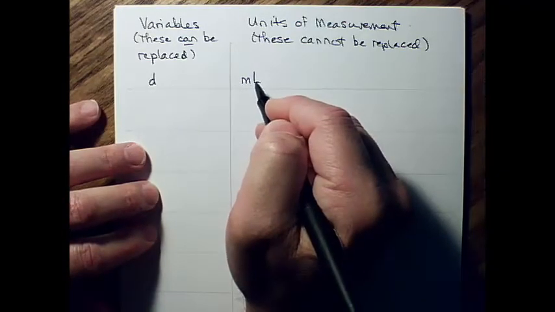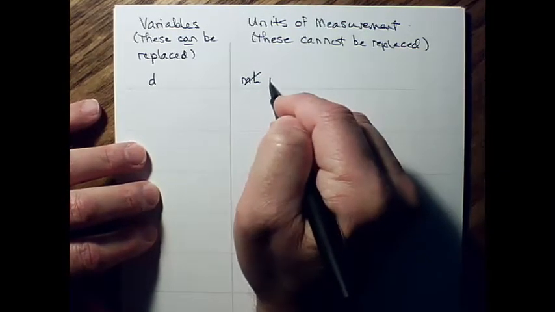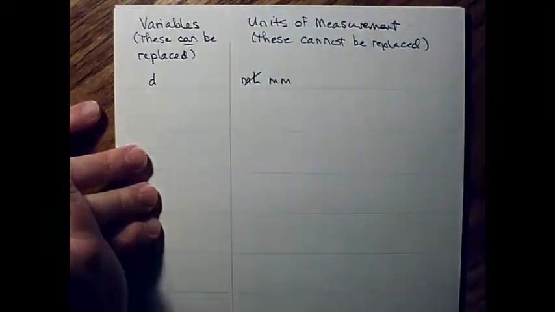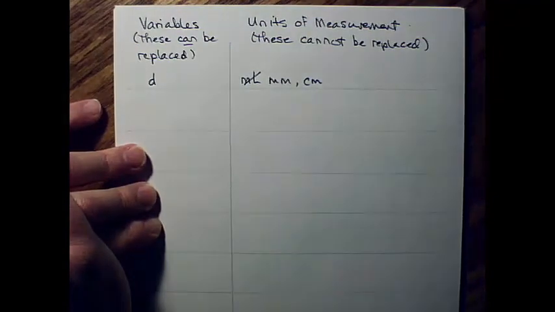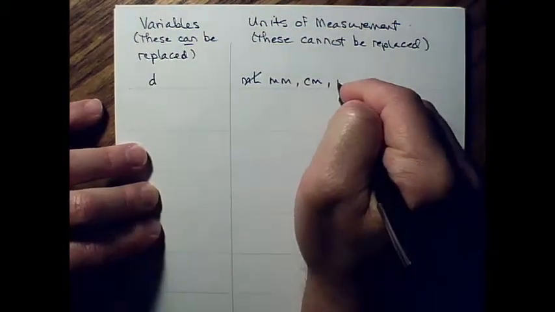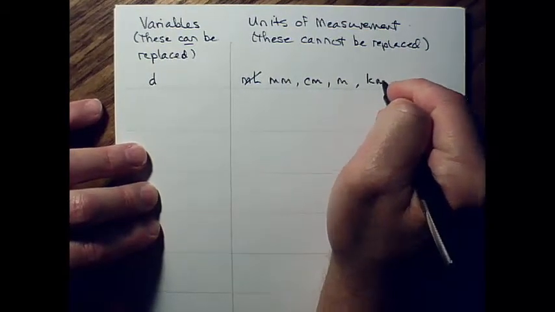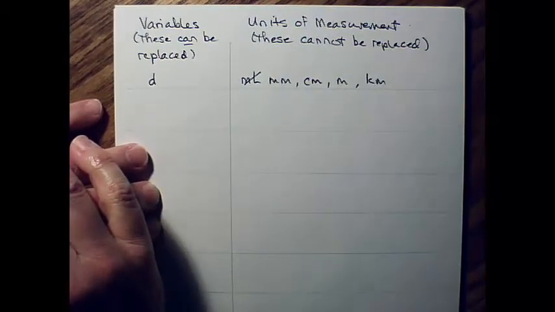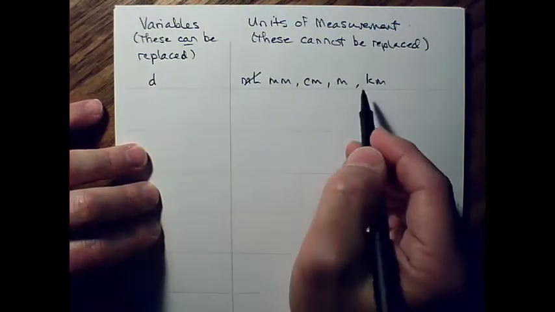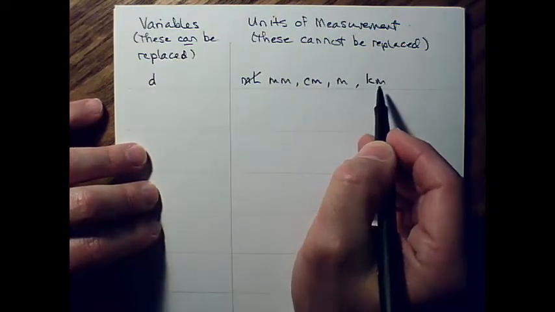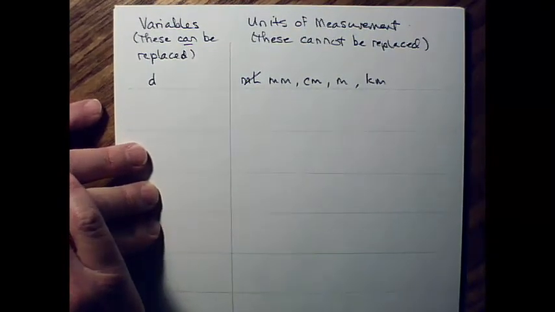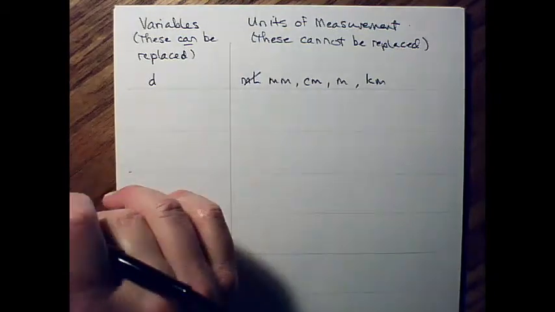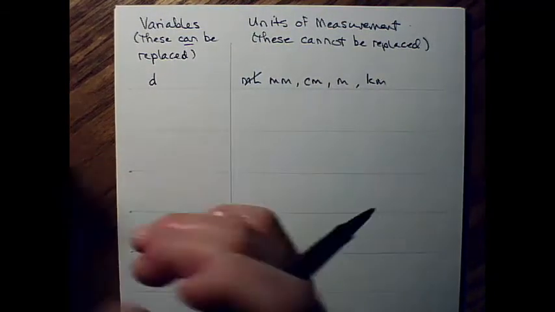Oh, good, because it is millimeters. Centimeters. Oh, yeah, don't use yards, please. Meters? Kilometers? Okay, so lots of those. Anything that's a proper prefix in front of meters is a unit of distance. We could also talk about things like a light year, for example, but we won't go there.